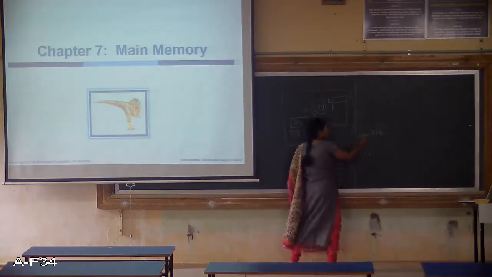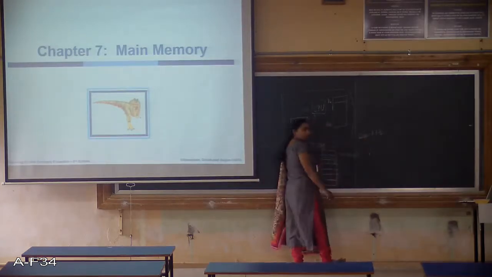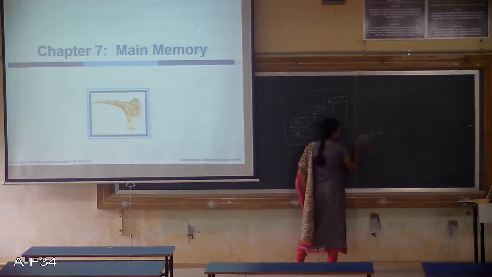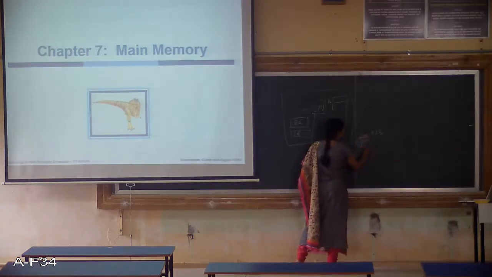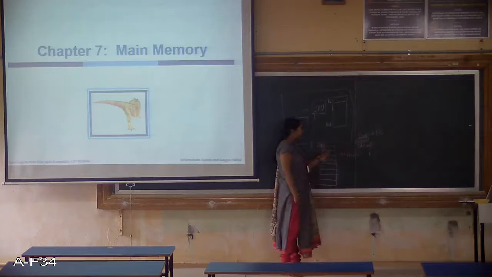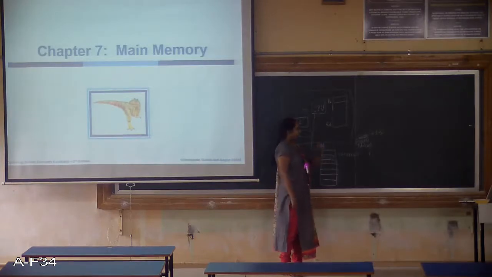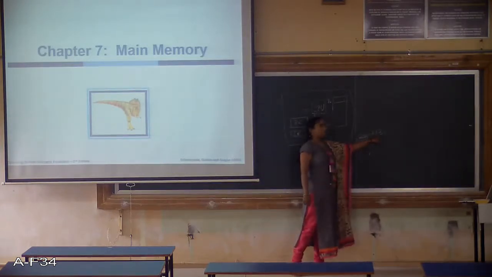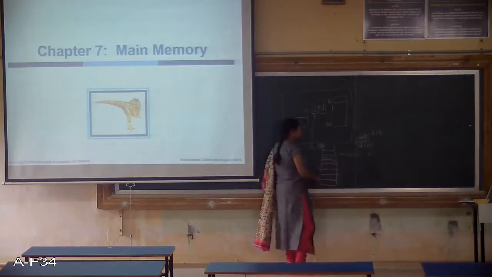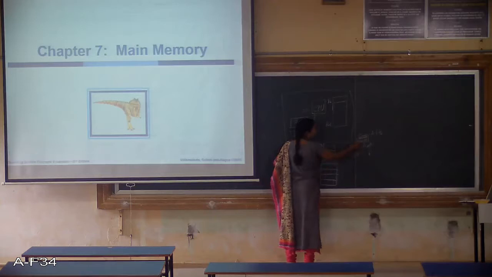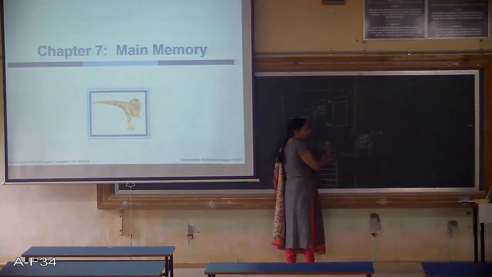What is this? The first variable, sum, has the address of the memory location where that value has to be stored. Similarly, A is another variable and B is another variable, and they also have memory locations. If this memory location is for sum, its address is this binary number.